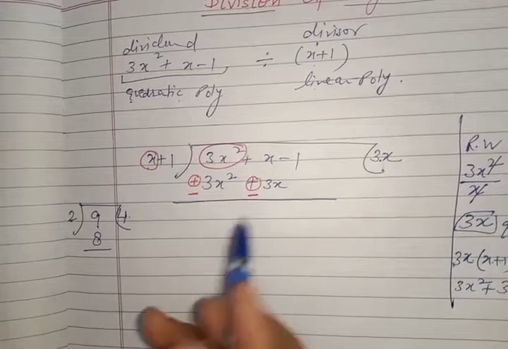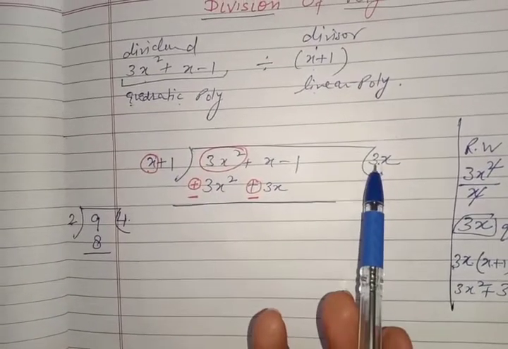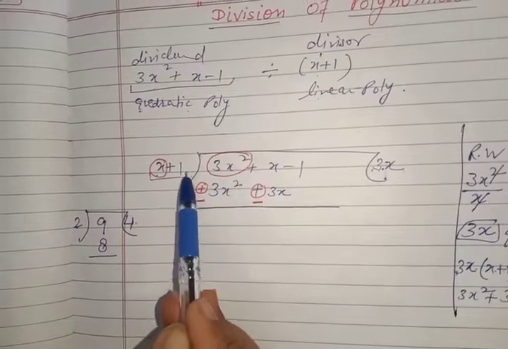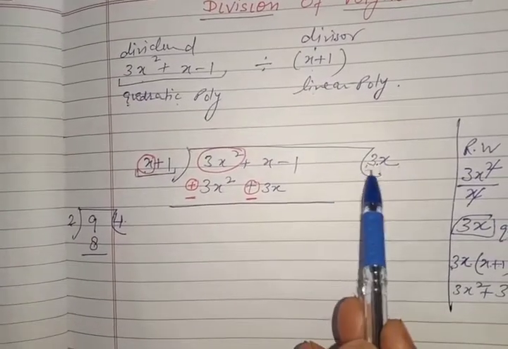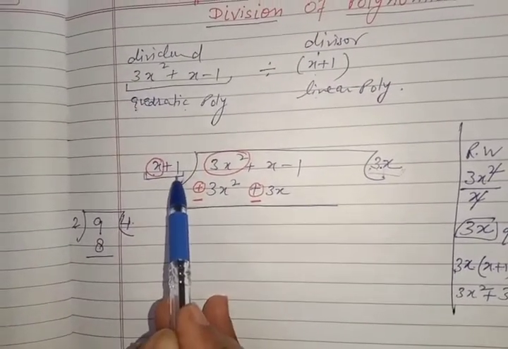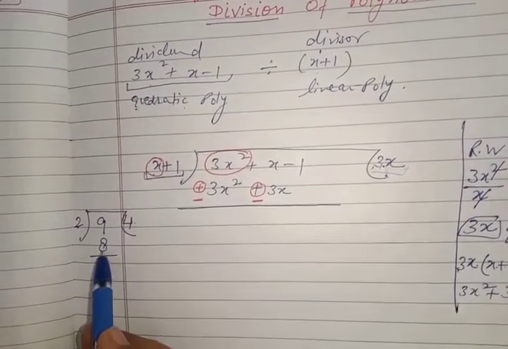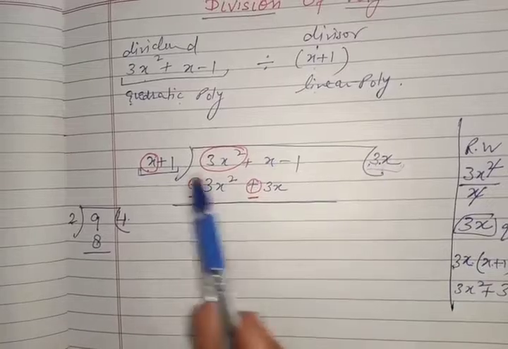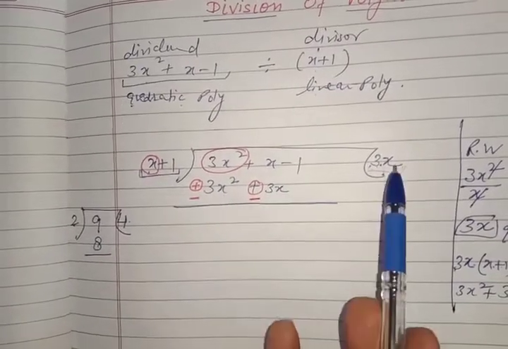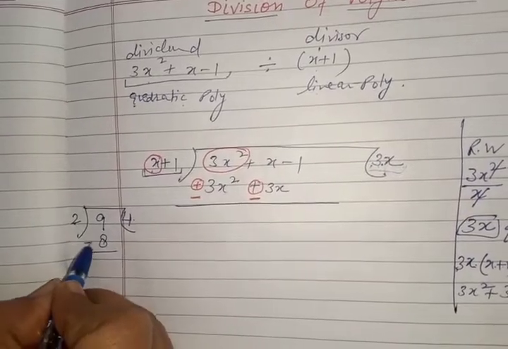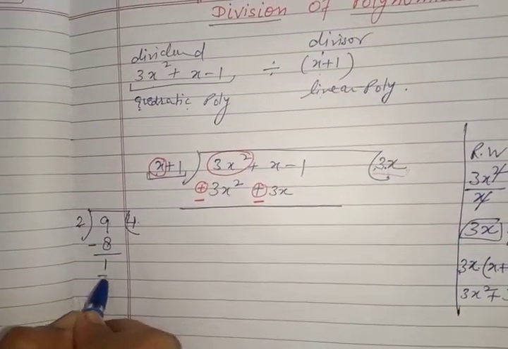Similarly here, first we find this quotient, then we multiply this quotient 3x with the whole x plus 1. After multiplying, we write, 3x into x is 3x square. 3x into 1 is 3x. After that we subtract. 9 minus 8 is 1.